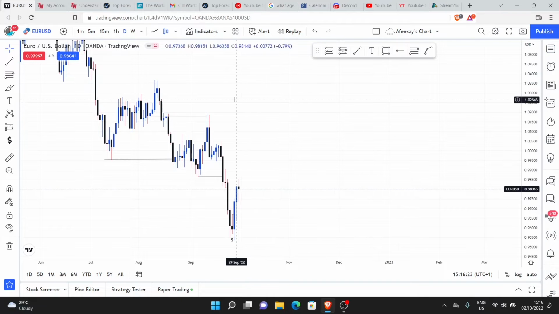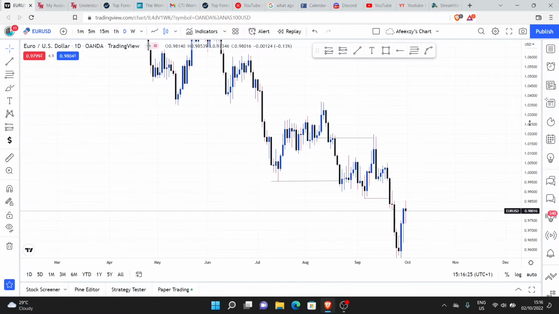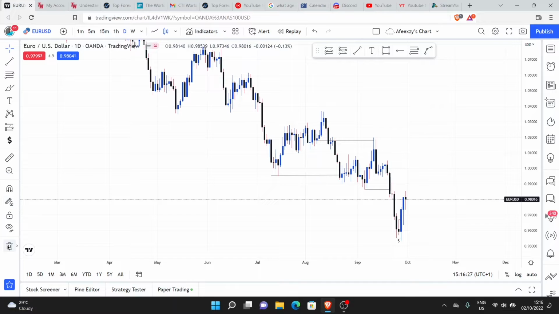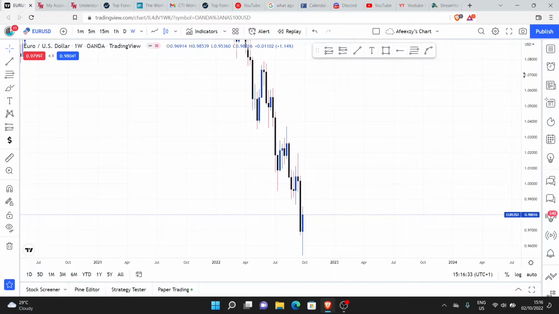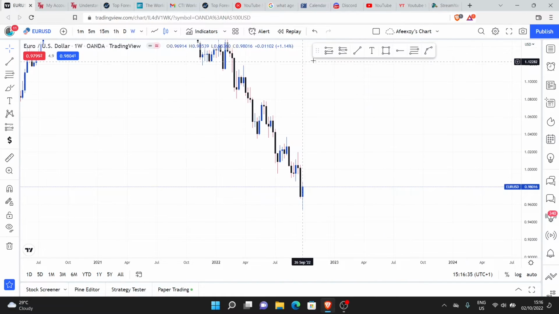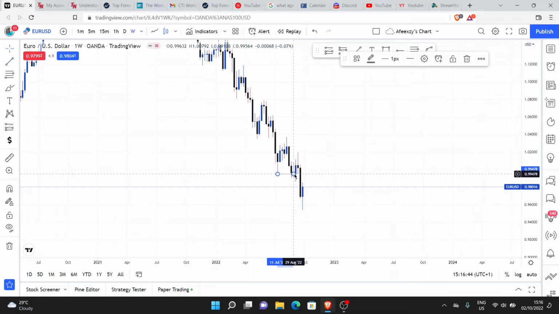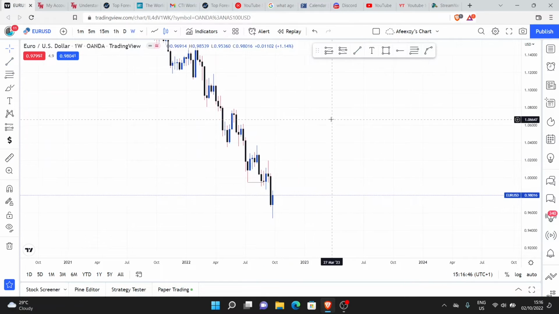On our EURUSD here, let me just clear the charts. On our EURUSD, we can see that EURUSD is bearish from a higher time frame perspective, and also here this is an OB.